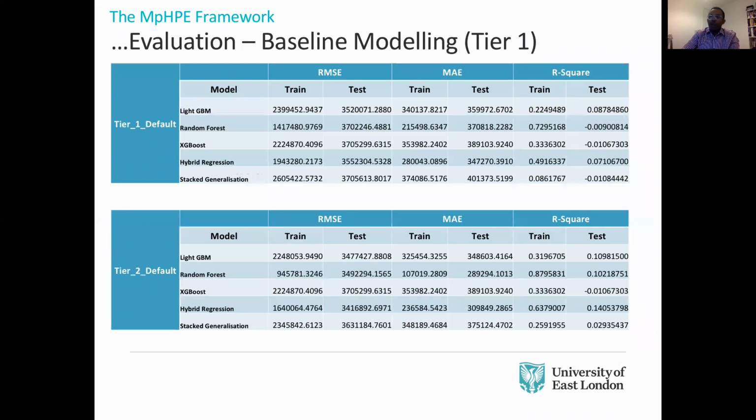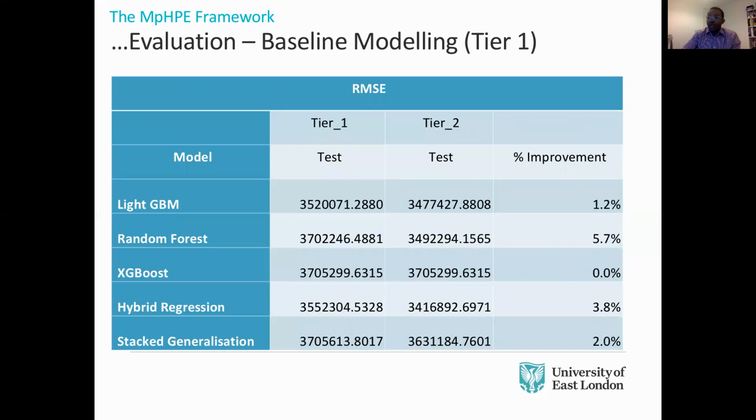However, for the purpose of this presentation, focusing purely on RMSE, you will notice that for the RMSE results from tier 1 to tier 2, there is a reduction in the value of the RMSE model technique after model technique, though there is no change for XGBoost. However, for all the other techniques, there is a reduction showing an improvement in the accuracy.